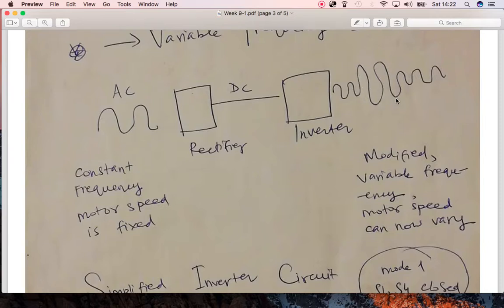So this is another, more complicated example of an inverter, when it is used in the variable frequency drives of a motor.